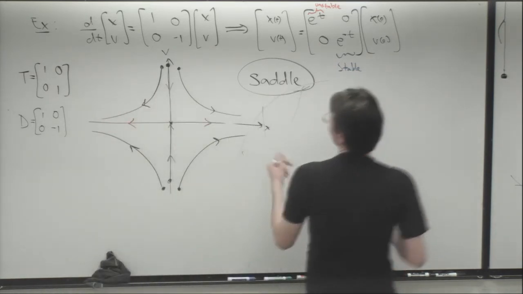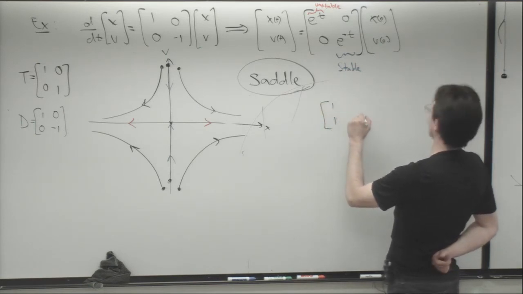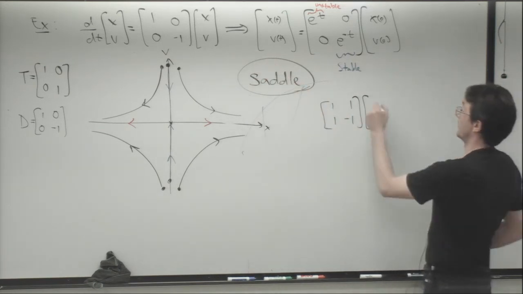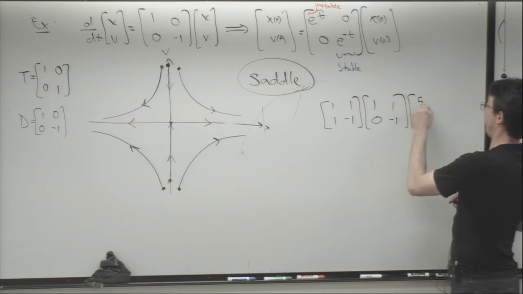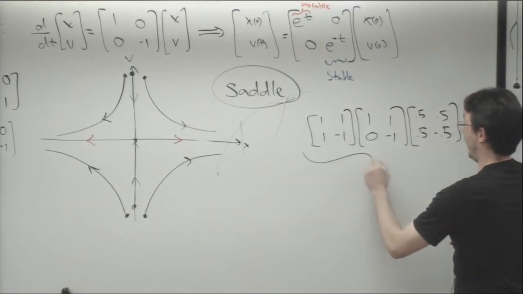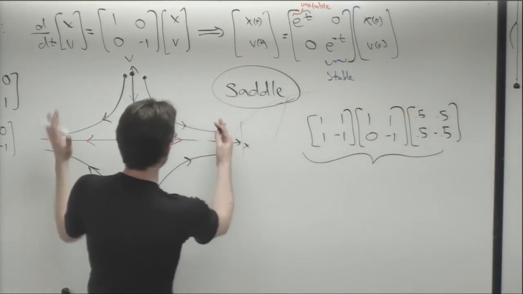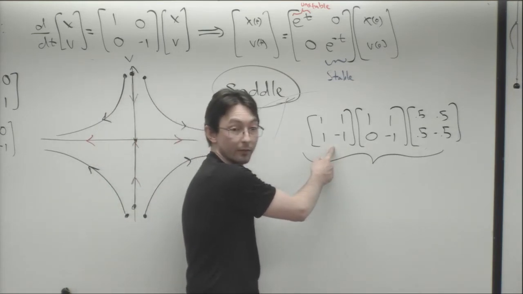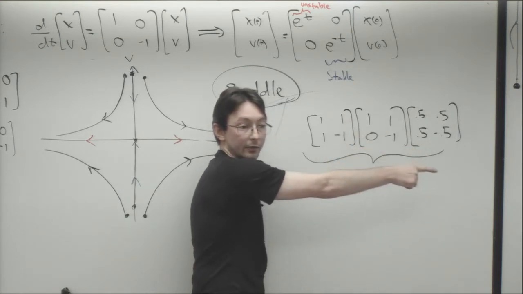And I would just take that T, [1, 1; 1, -1], times my original A, which is [1, 0; 0, -1], times T inverse, [0.5, 0.5; 0.5, -0.5]. And I would call that my new A matrix. If I wanted an A matrix where my saddle was rotated 45 degrees, I would just create something that rotated it by 45 degrees, and I would multiply by T and T inverse.